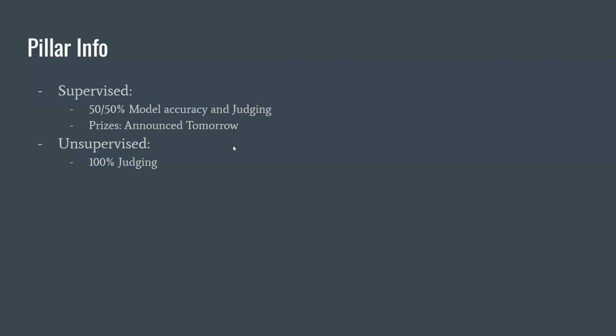And this is only because if you think about how unsupervised models work, and if you were there at my workshop, this will make sense. But we're just gonna give you guys a data set, and then it's up to you to find out those relationships in the data set. And so it doesn't really make sense for there to be an accuracy score. That would be more supervised learning. So it's going to be all judging.